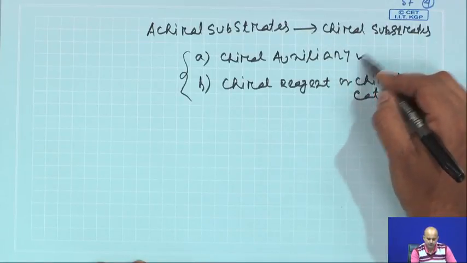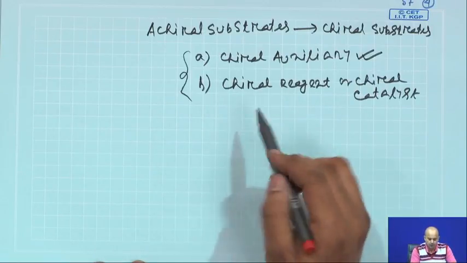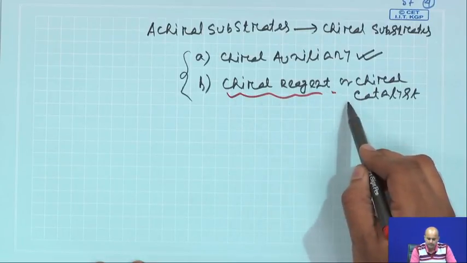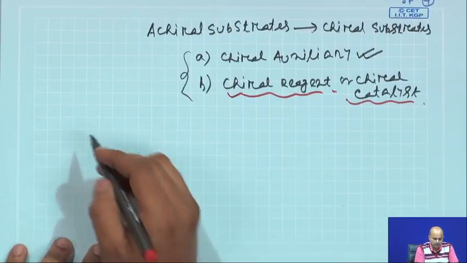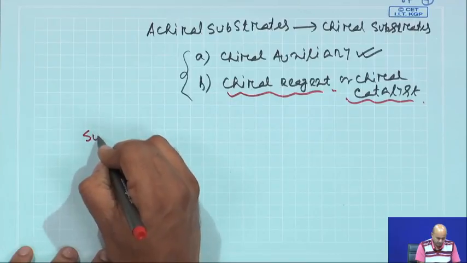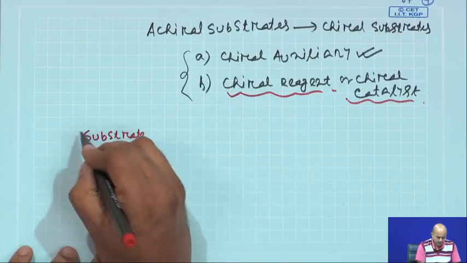Now, we will focus only on chiral auxiliaries, because we do not have enough time, and people who want to put more emphasis on this can attend an advanced course on asymmetric synthesis. So, for chiral auxiliary, I will try to give you a schematic view. Suppose you have a substrate which I am saying is achiral.